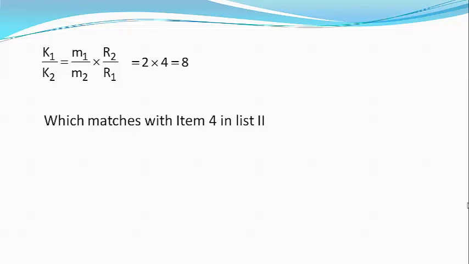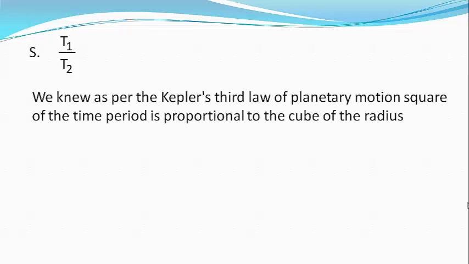And finally, we have now come to item S in list 1, which is T1 divided by T2. We know, as per Kepler's law of planetary motion, the square of the time period is proportional to the cube of the radius, or T square is proportional to R cube, or T is proportional to R raised to power 3 by 2, or T1 by T2 is equal to R1 by R2 raised to power 3 by 2.